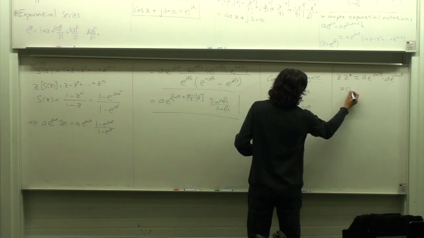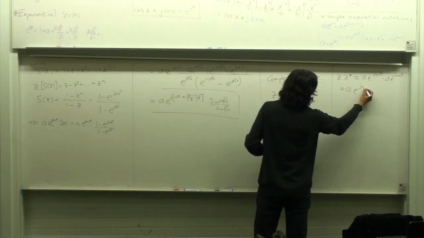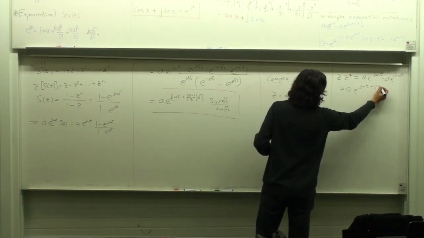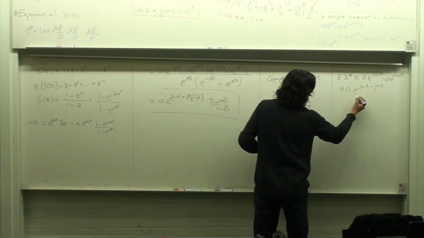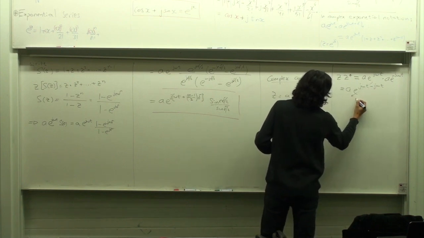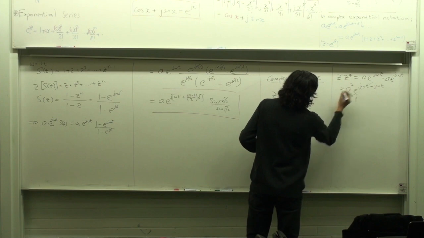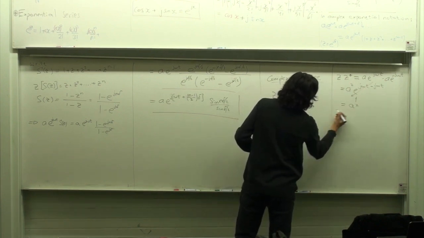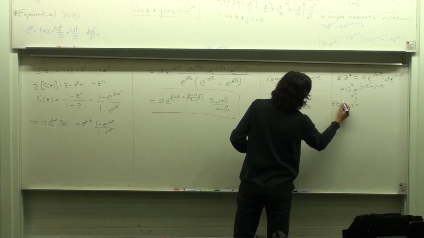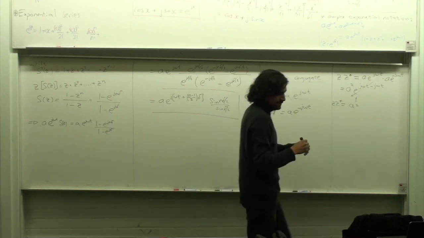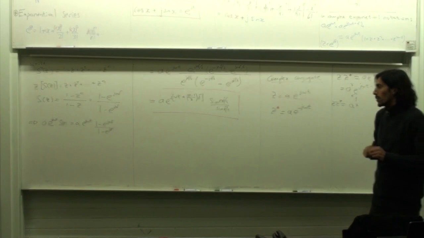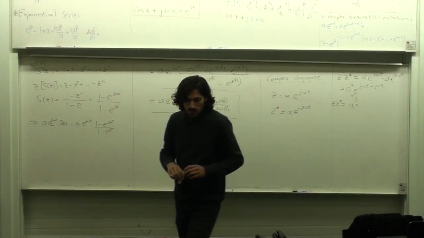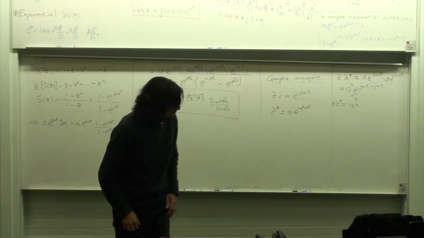So we have a times a times e to the power j omega t minus j omega t, and this gives 1, so you have a squared. This is also very useful when we deal with waves. Alright, that's all.